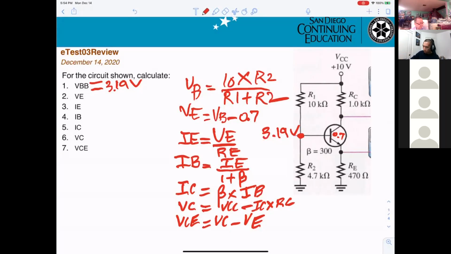The thing is, transistors have different types of bias, but this is a very, very common, very general one. Everyone must know how to do it.